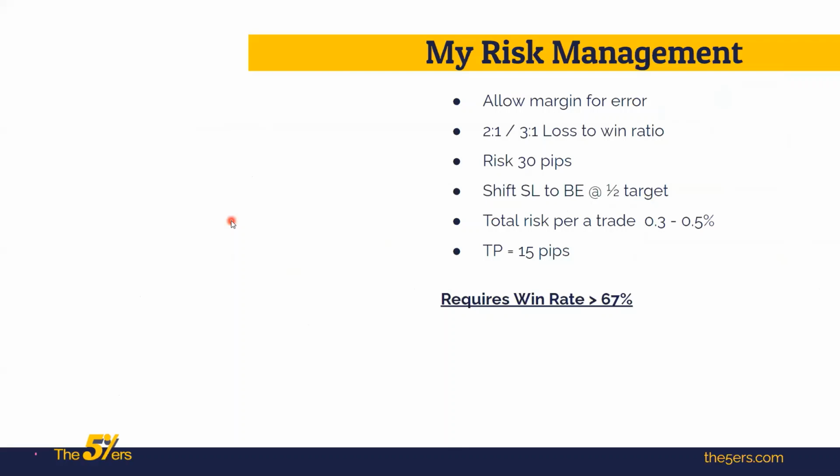So let's talk a little bit about risk management. When we are trading, we want to take our position in a way that we have enough margin for error, meaning that we want to take many trades with low risk, with low leverage, because we never know if we're going to have a good or a bad day.